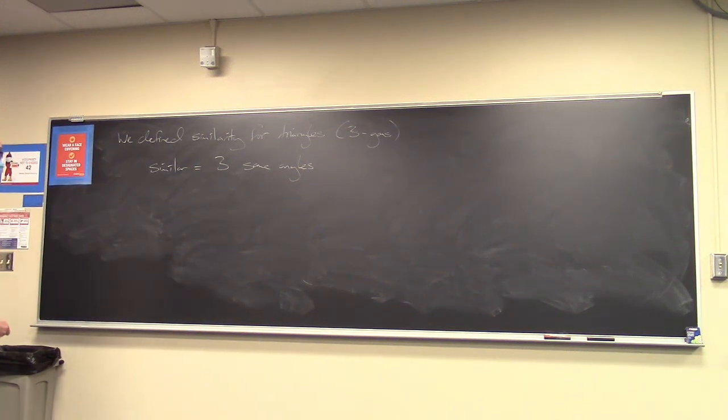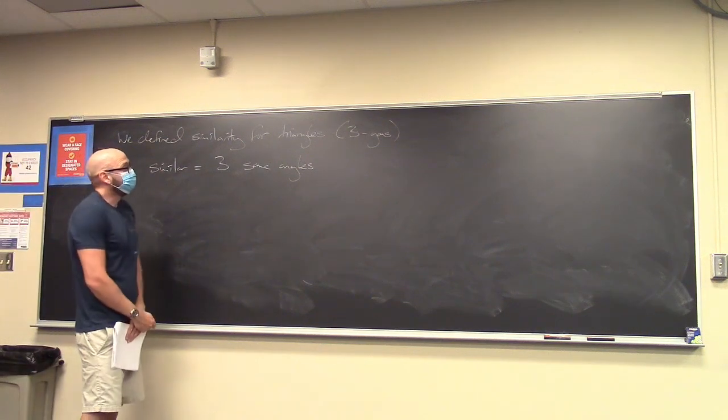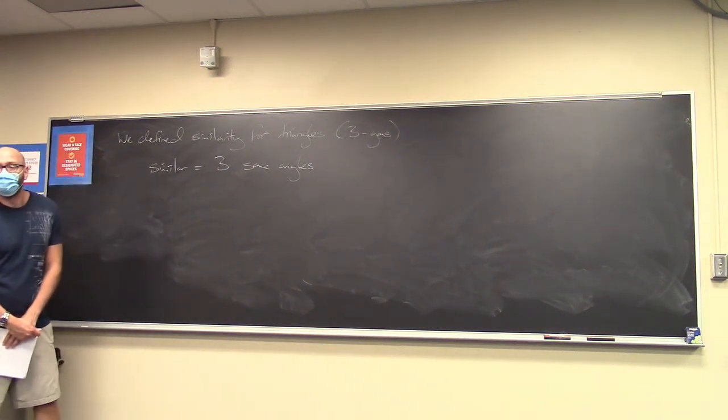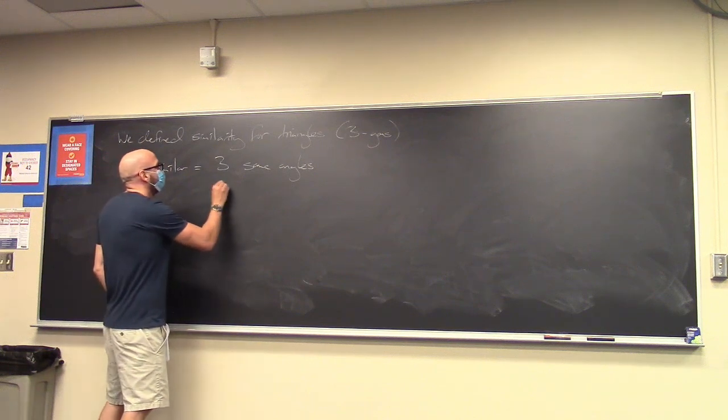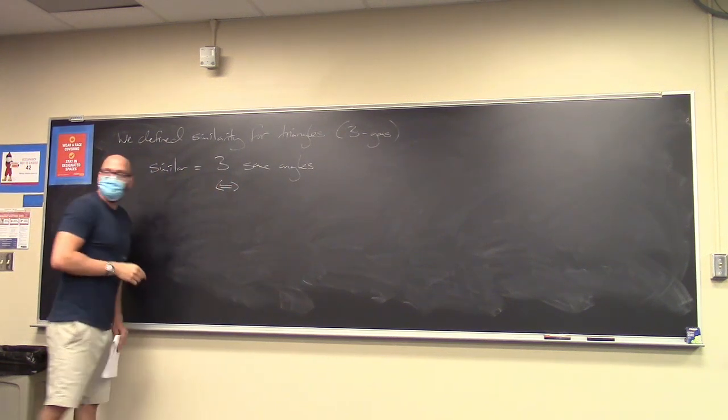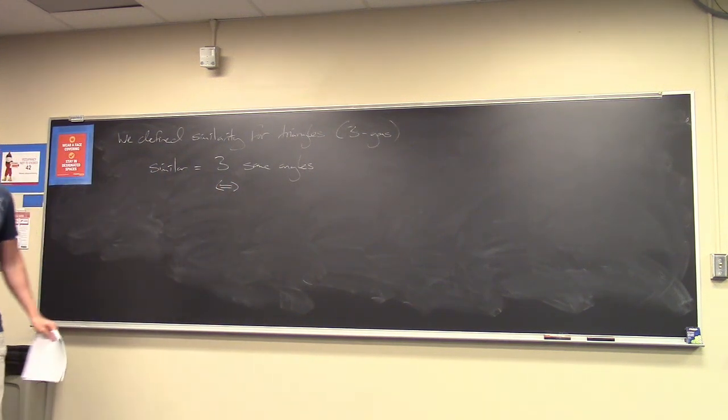And most of the work here, most of the really involved proofs that we've done in this section, we're showing that this is equivalent to saying that you have three proportional sides.